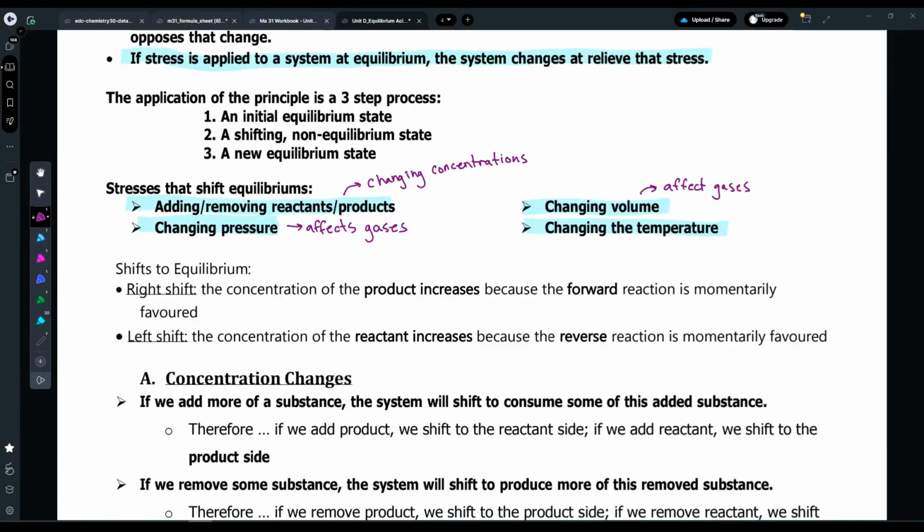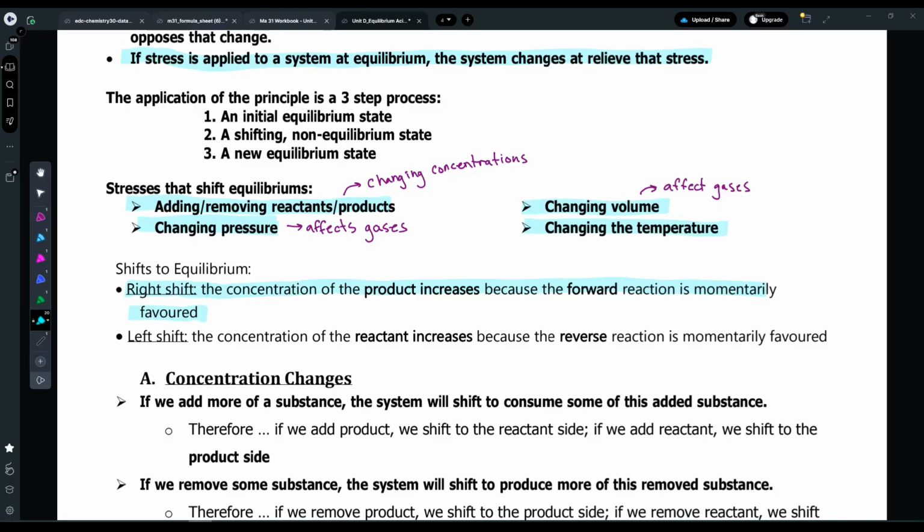As we've talked about, there are two types of shifts. There's a shift to the right, which means the concentration of your products is going to increase because the forward reaction is momentarily favored. The key word there is momentarily. It's not permanently favored, just until the new equilibrium state is achieved.